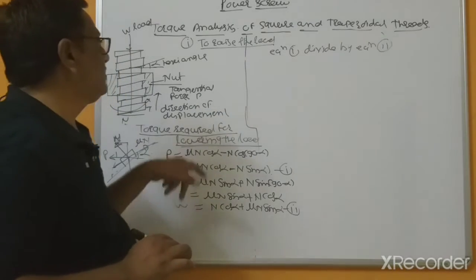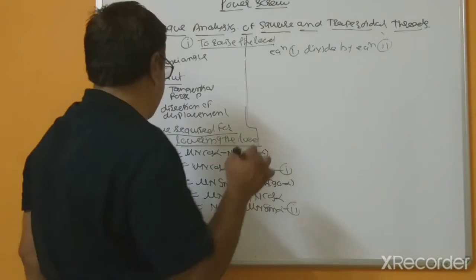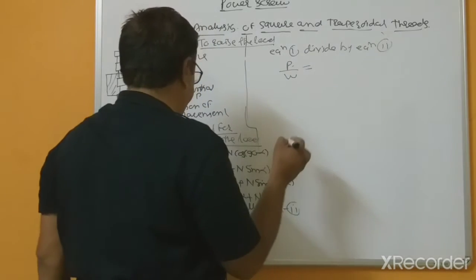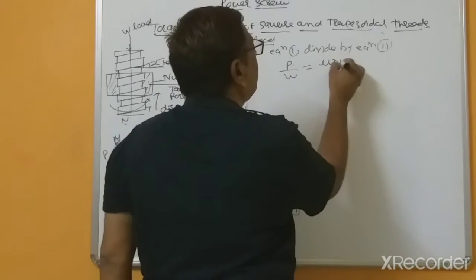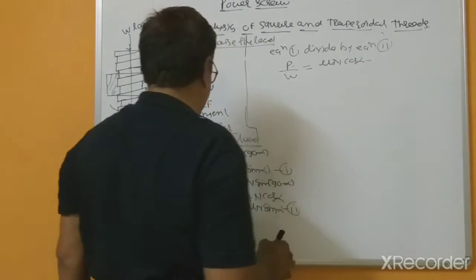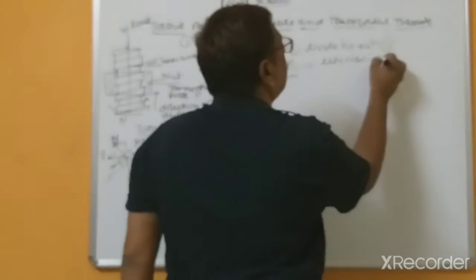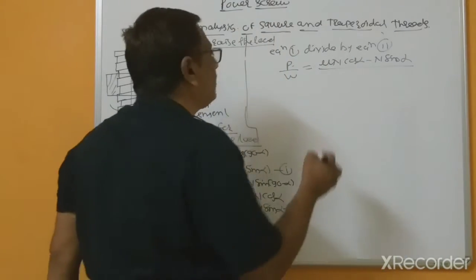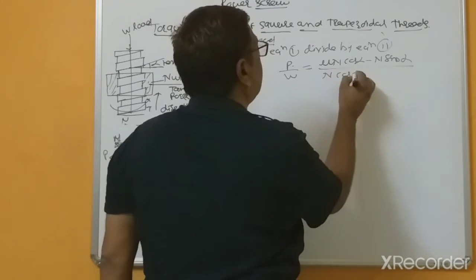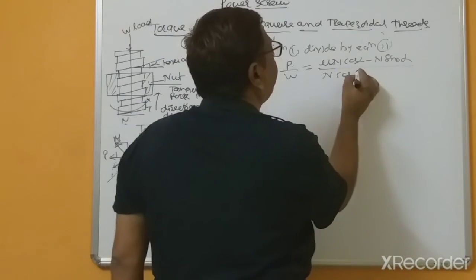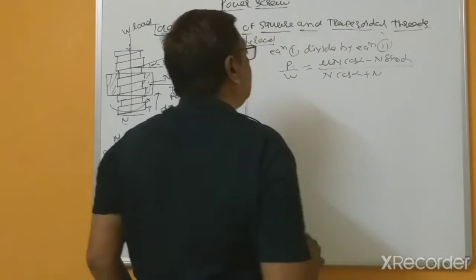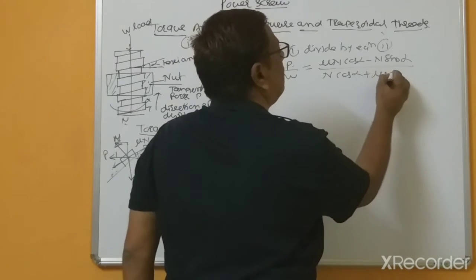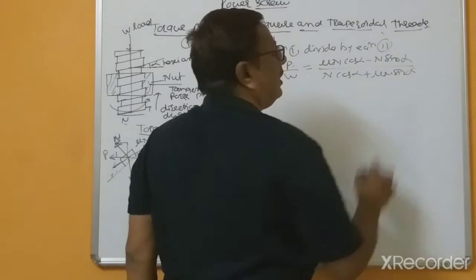Try to understand this. So that's why we can write P divided by W equal to mu N into cos alpha minus N sin alpha divided by N cos alpha plus mu N into sin alpha.